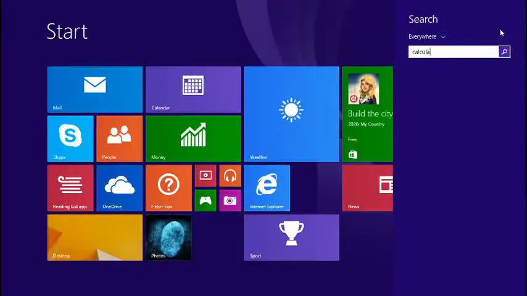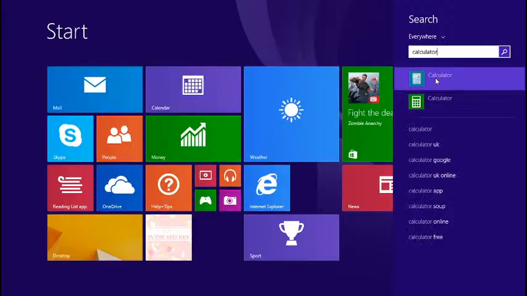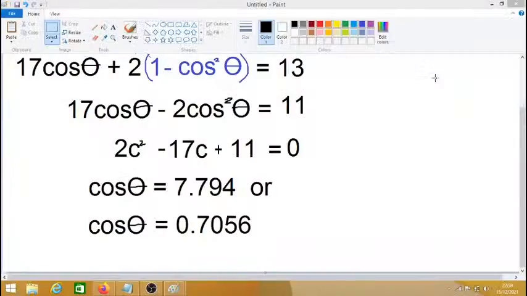So you want to take inverse cos of that number, 0.7056. There was more to it. I've just rounded it.